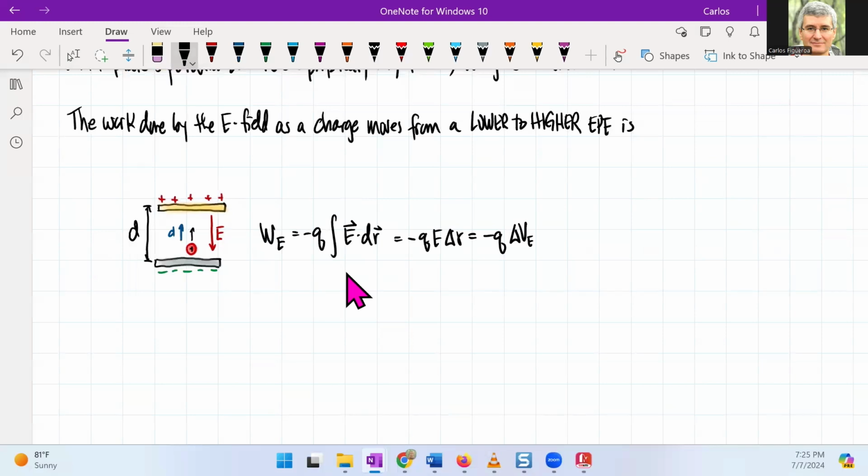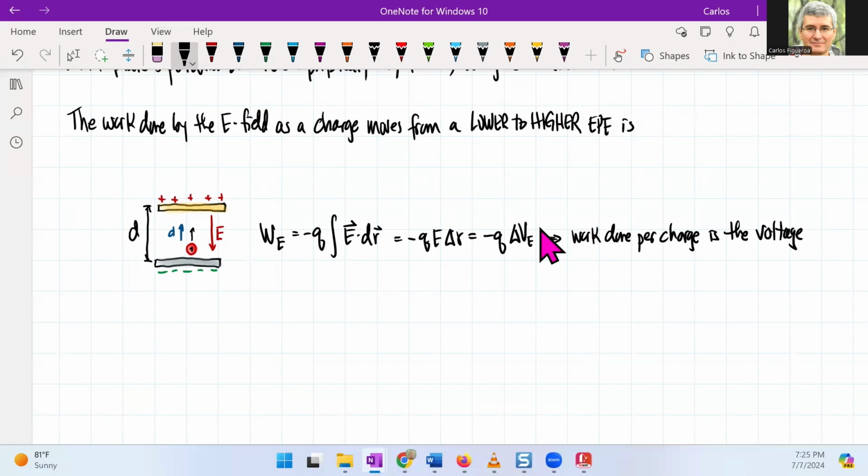In other words, if I'm going to look at the work, then the work done per charge is the voltage. Right? That's what that's really telling us right there.